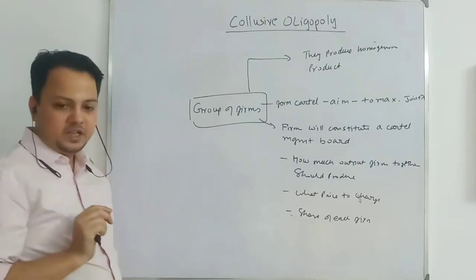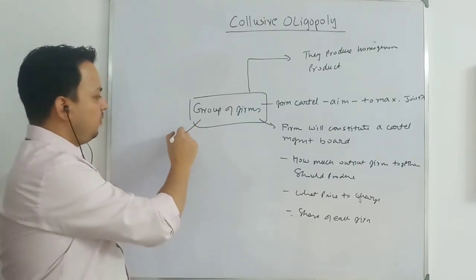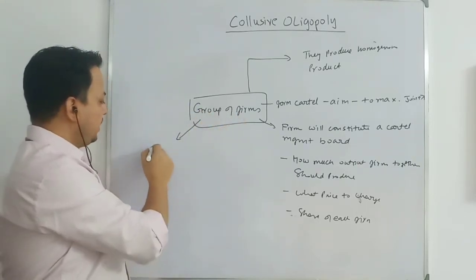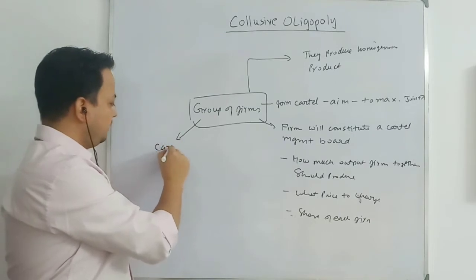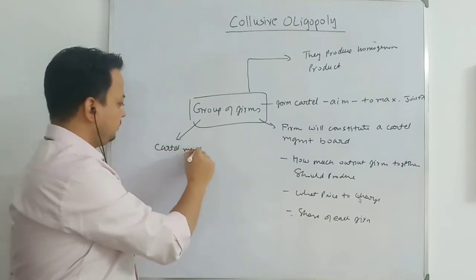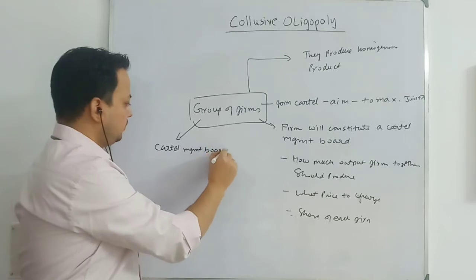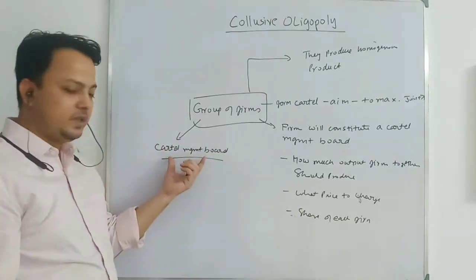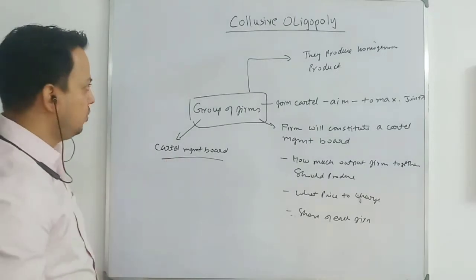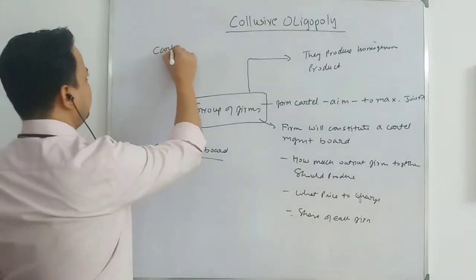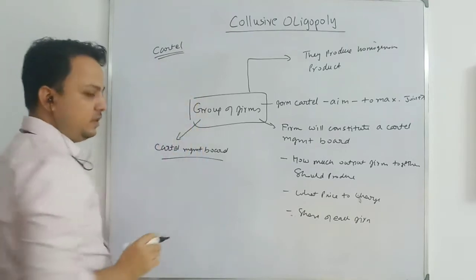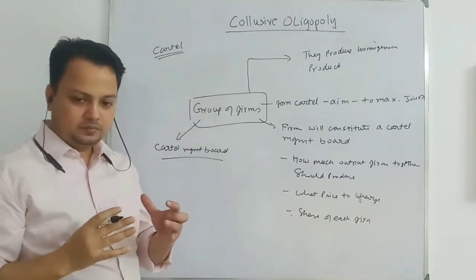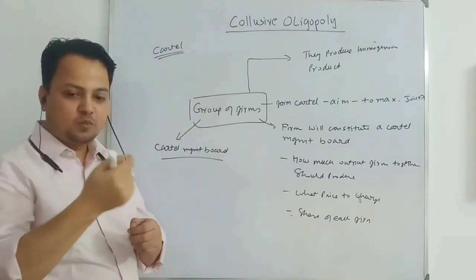Now coming to the cartel management board. When the board is formed, this group of firms will form the cartel management board. Understand why they are forming this management board. So what is a cartel? A cartel is a group of firms coming together to determine how much output we should produce.